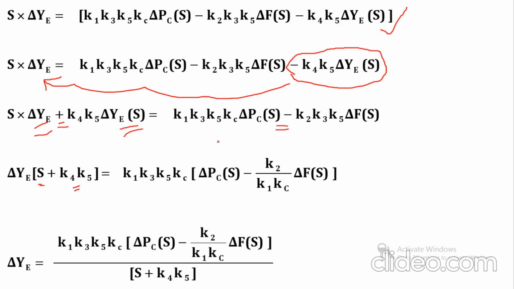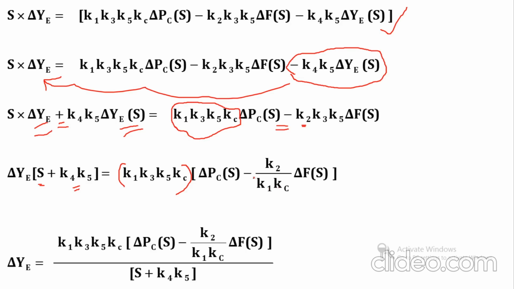And similarly over here I will take the common term K1, K3, K5, Kc. In the bracket there will be delta Pc of S. K2 will remain as it is. K3, K5 has been taken as common, so I have to divide by K1, Kc.